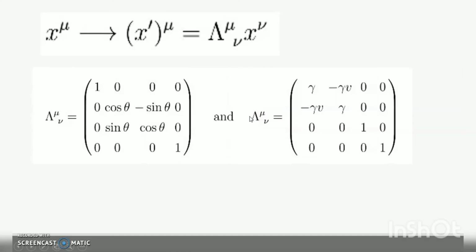Okay, \eta_{\mu\nu} is the Minkowski tensor. So \Lambda^\mu_\nu can be written this way, where gamma is equal to 1 by root over 1 minus v squared. The Lorentz transformations form a Lie group under matrix multiplication.